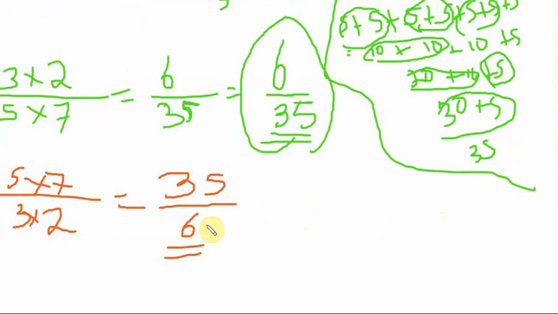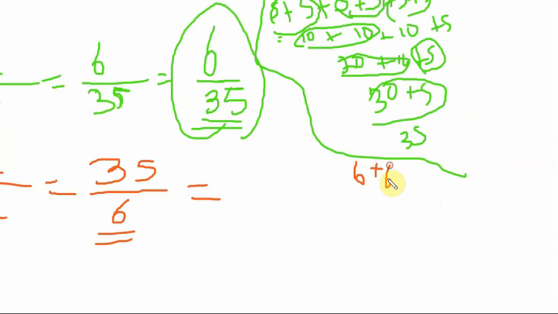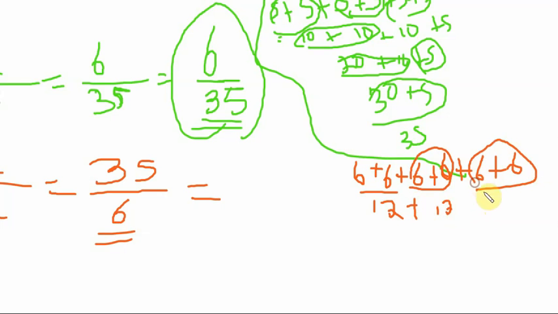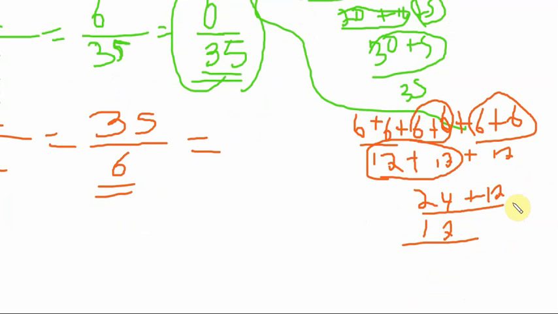How many times does 6 go into 35? Okay, let's say 6 plus 6 plus 6 plus 6 plus 6 plus 6. 6 plus 6 gives us 12. 12 plus 12 is 24, plus 12 gives us 36.